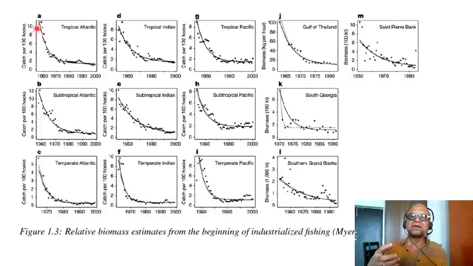So it's not that each ship is catching less, it's that each hook itself is catching less, no matter how many hooks are being put out by each ship or how many ships are out there. So the number of fish has dropped itself by industrialized fishing and overexploitation, right? So this is obviously a tragedy of the commons because it is open access, right?